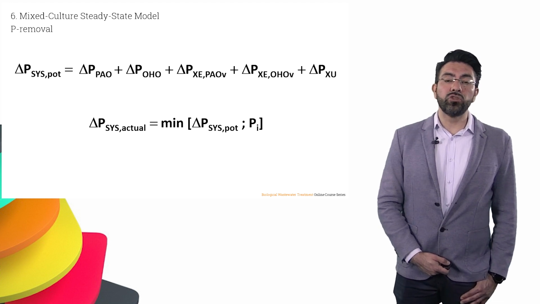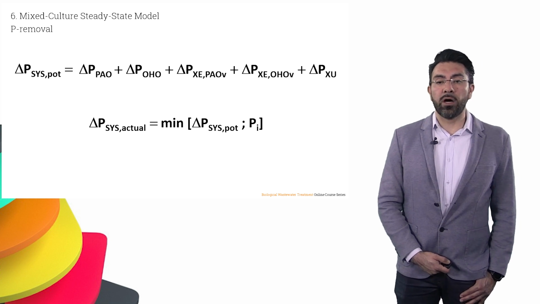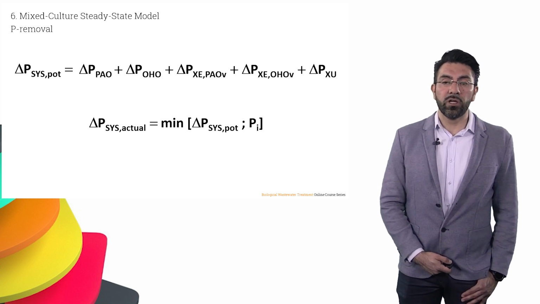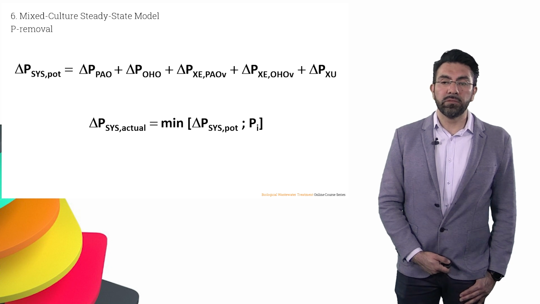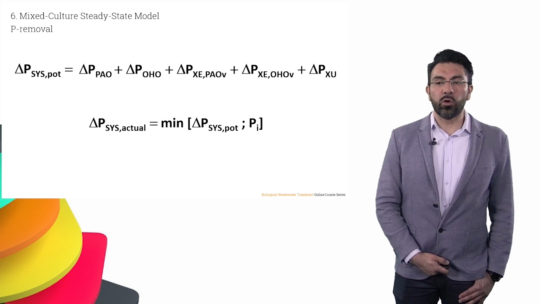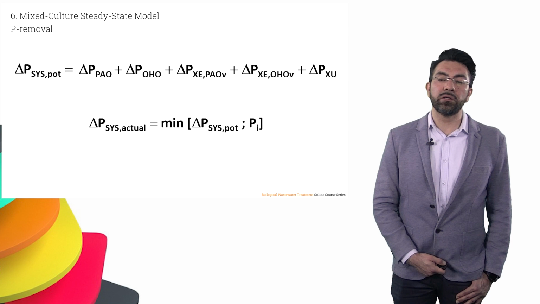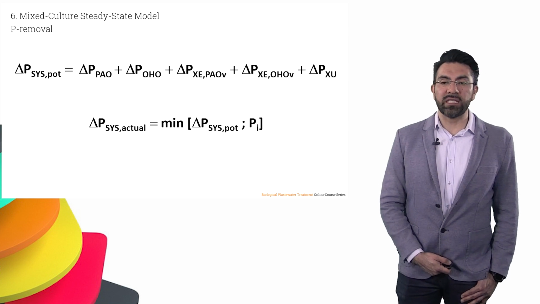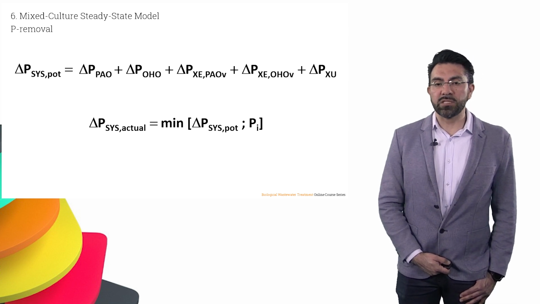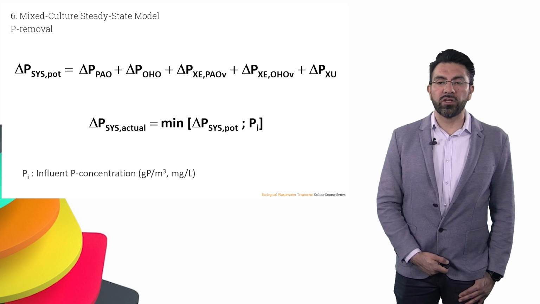So if we take that into consideration, the actual amount of phosphorus that the system can remove will be the minimum concentration between what the system can potentially remove and what we have present in the influent. And this will be the actual removal of phosphorus by the EBPR process.